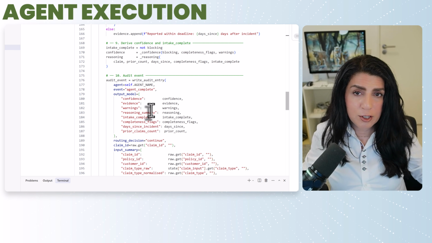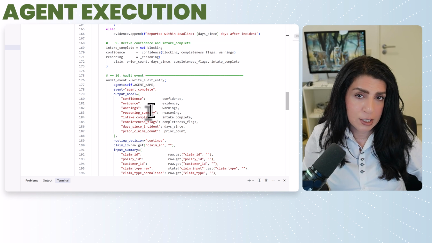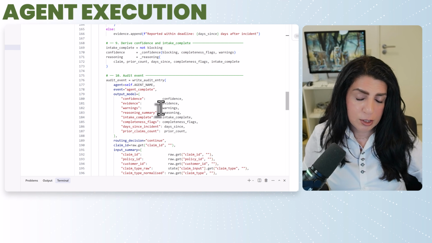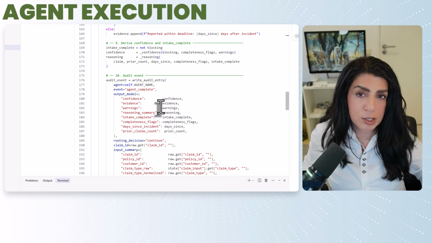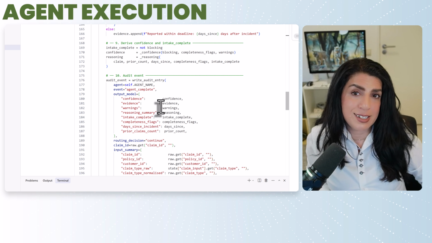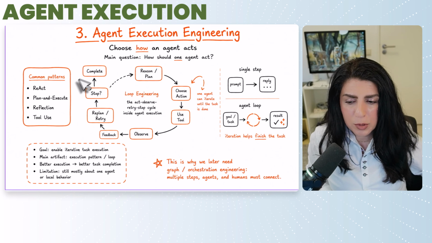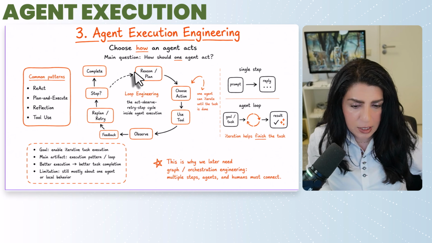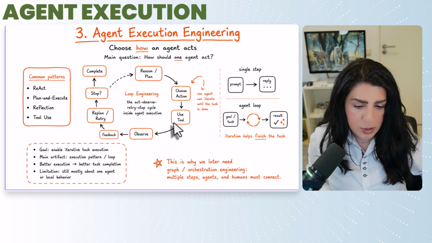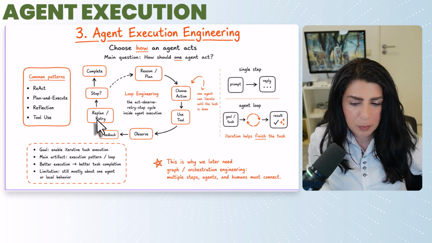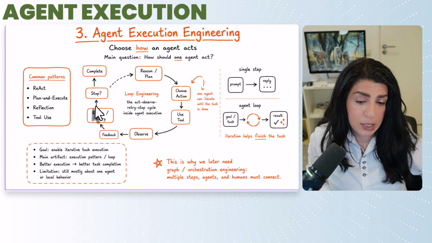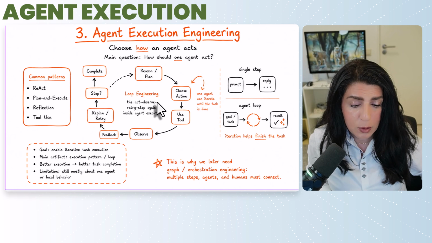As you can see, there's a lot around that agent. So it's not just one agent doing the task, but we are making sure that the agent does exactly what the business is asking it. So we always choose a pattern like ReAct: reason, go do some actions, observe, get feedback, replan or retry, and stop when it's complete. Otherwise, you will go through the whole process.